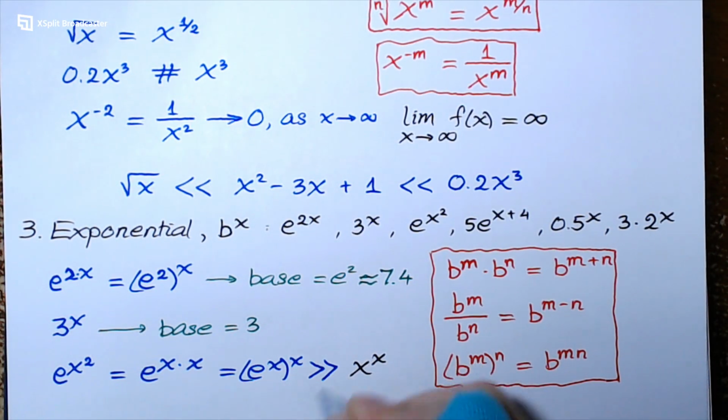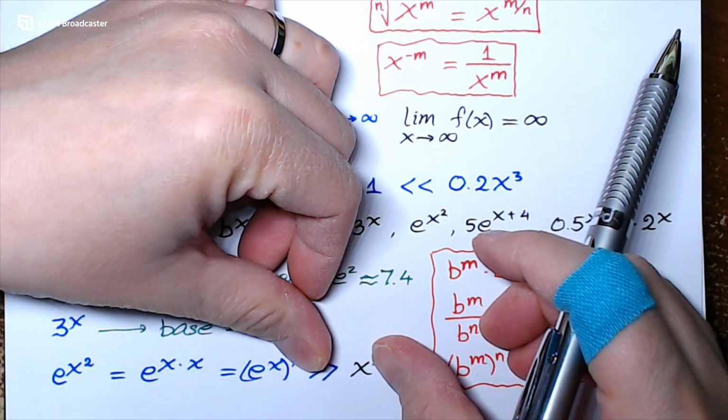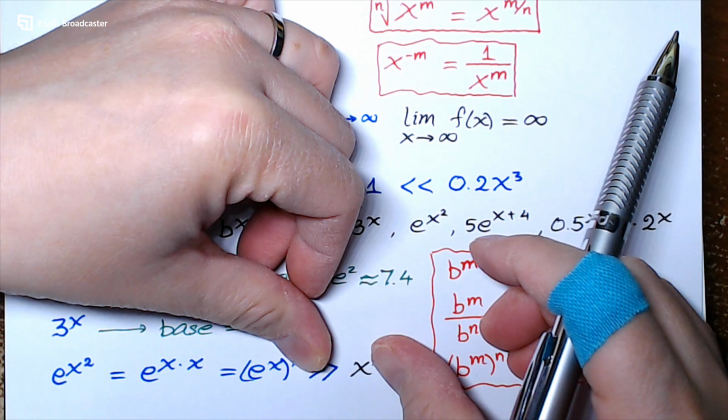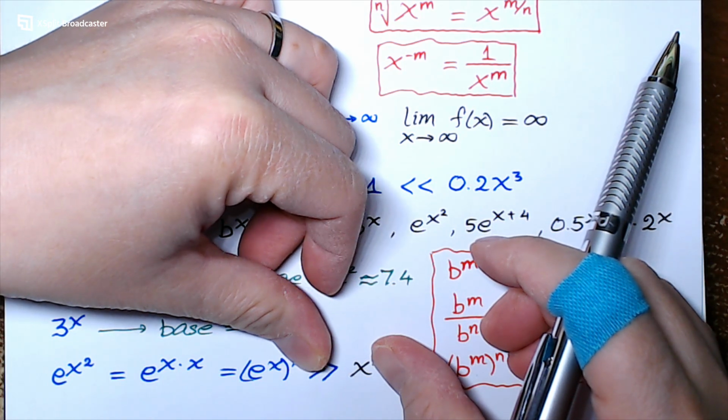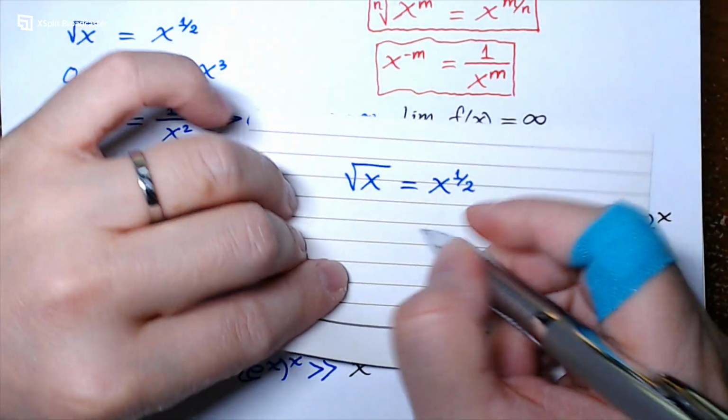Why is that? Because you see, the x exponent will be the same, but the base e to the x is bigger than x, right? E to the x is bigger than x because the exponential function is faster than the power. Oh, by the way, we can also graph.